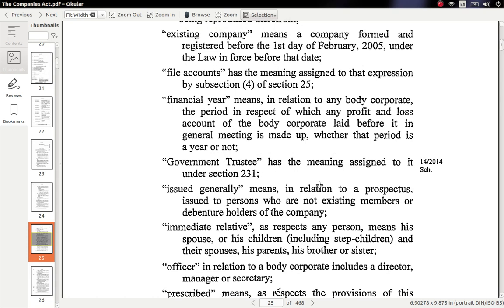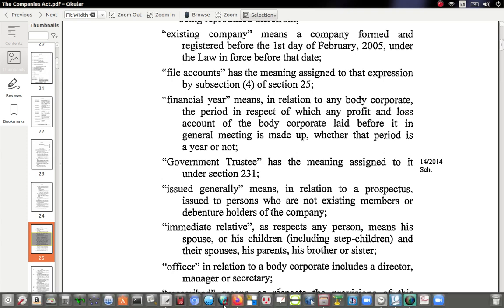Government trustee has the meaning assigned to it under section 231. Issued generally means in relation to a prospectus issued to persons who are not existing members or debenture holders of the company.